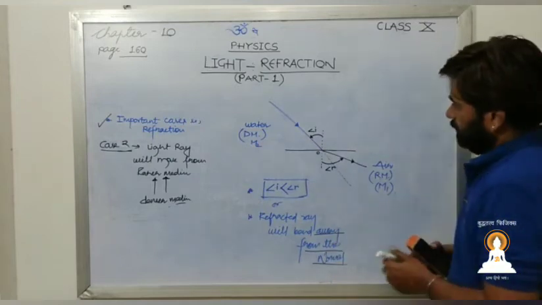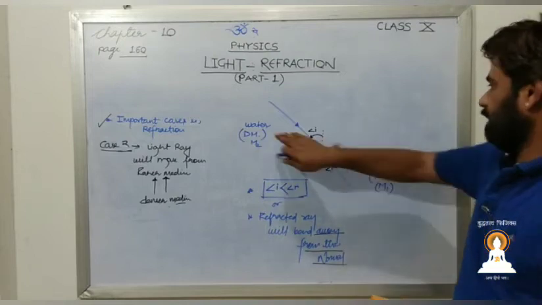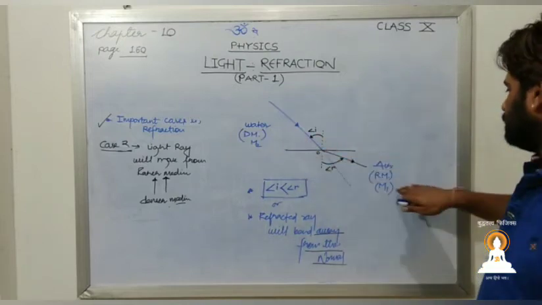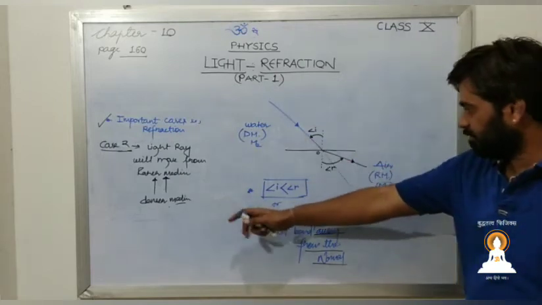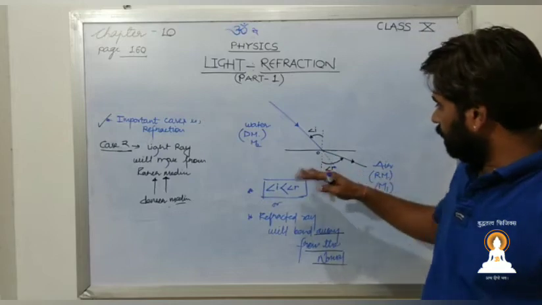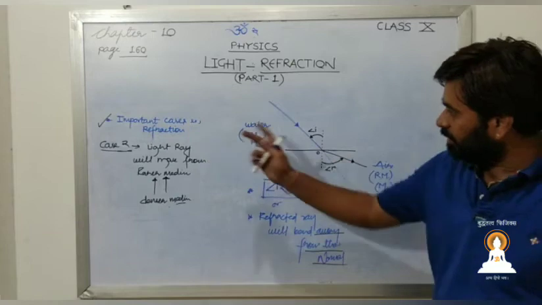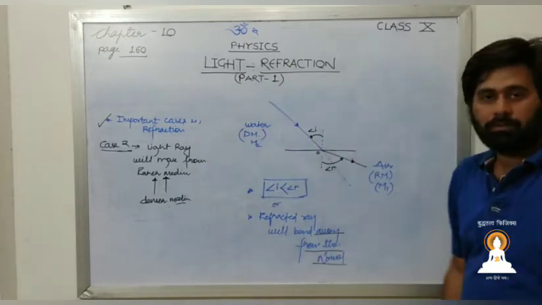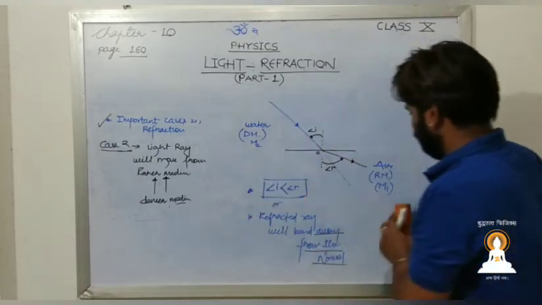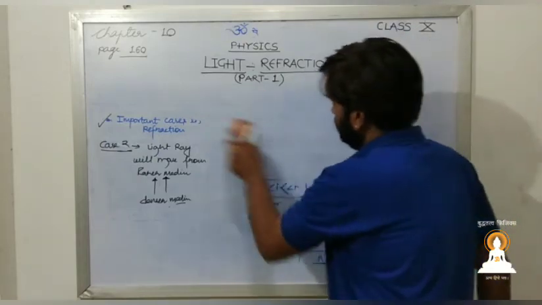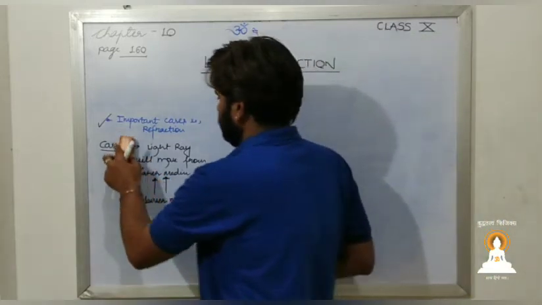This is the second case, a very important one. When light moves from denser medium towards a rarer medium, it will move away from the normal, as we have already seen in the case when the pencil appeared bent. The light was moving from denser medium towards a rarer medium, and it was moving away from the normal. So you may confirm that. This was case 2. Hope you got this. Practice it.